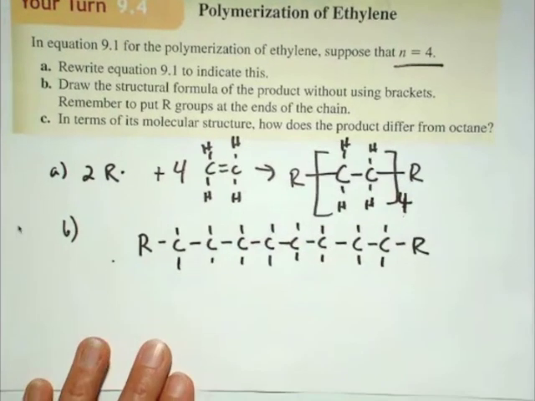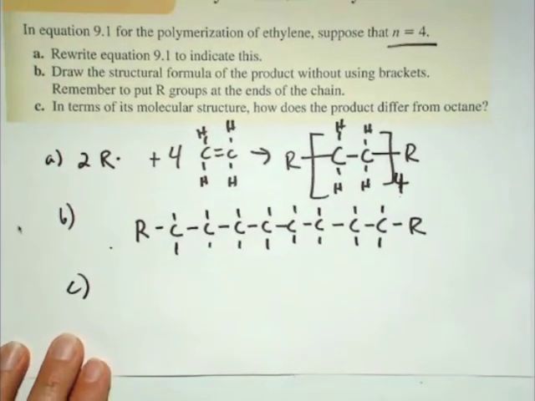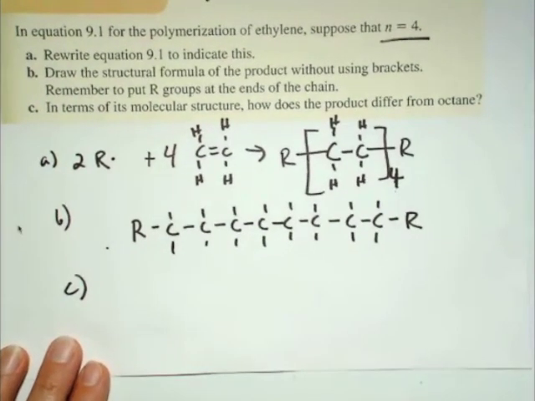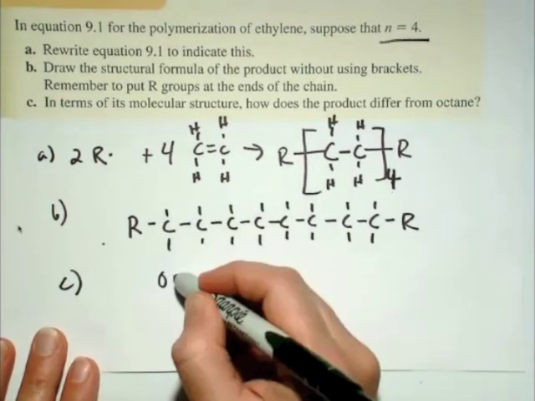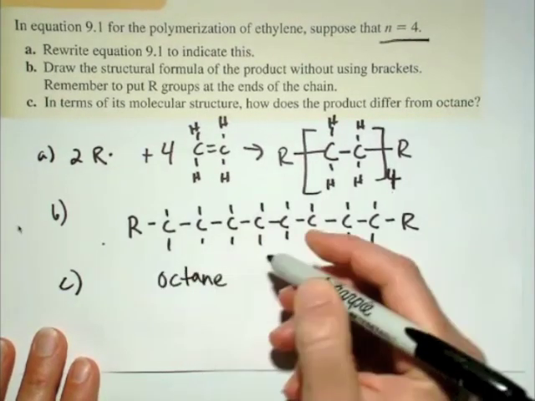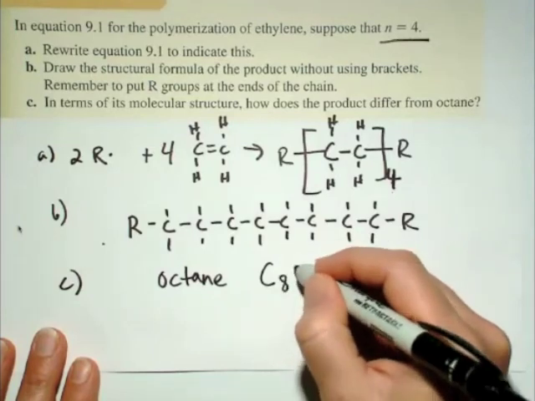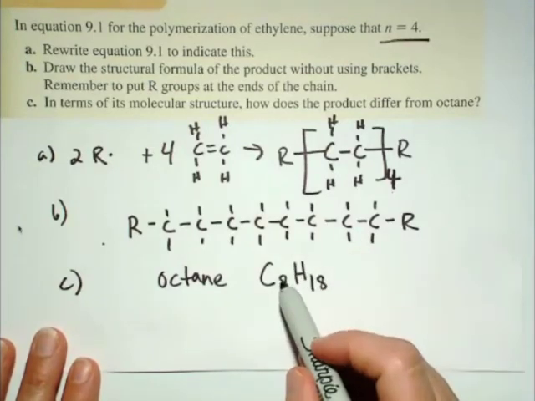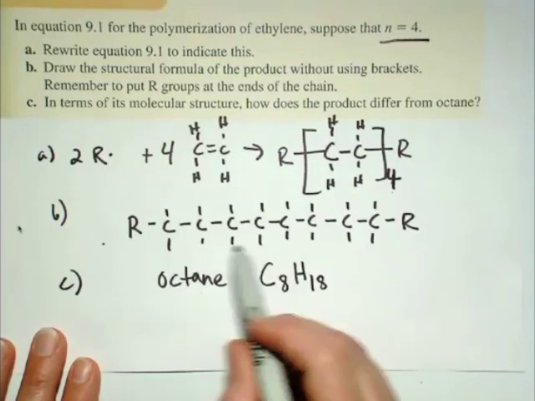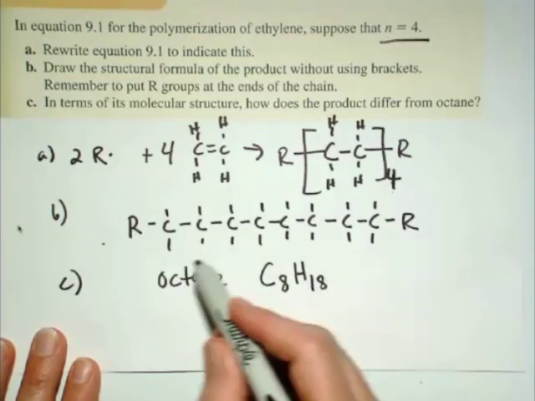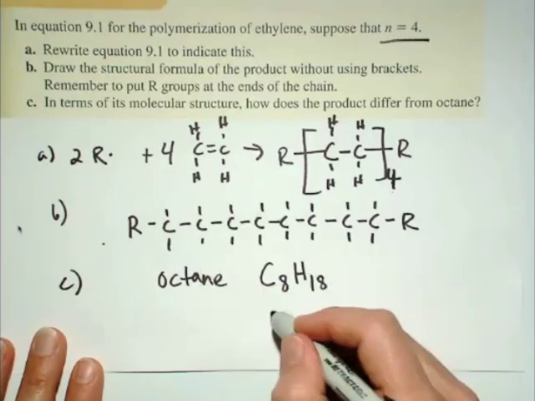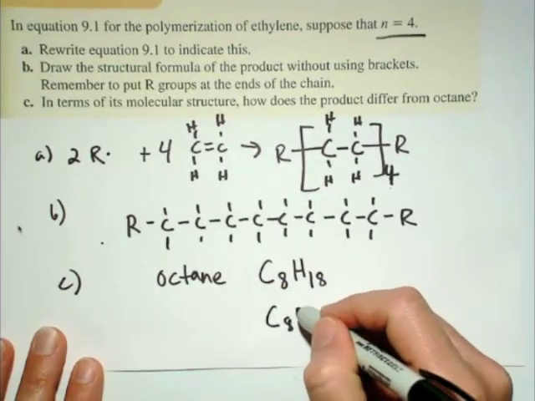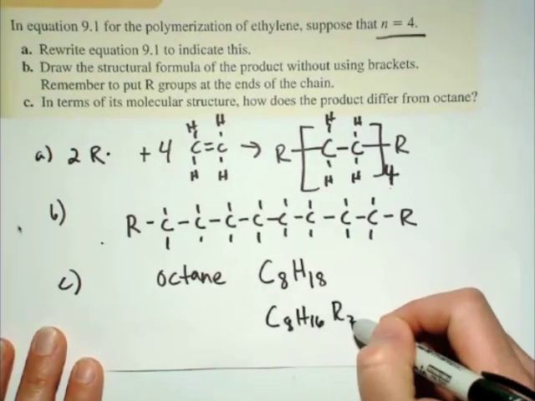All right, and then the last question is, in terms of its molecular structure, how does the product differ from octane? Well, octane is a basic alkane with a chemical formula of C8H18, and this particular structure that we have here, this polymer, has the formula C8H16R2.